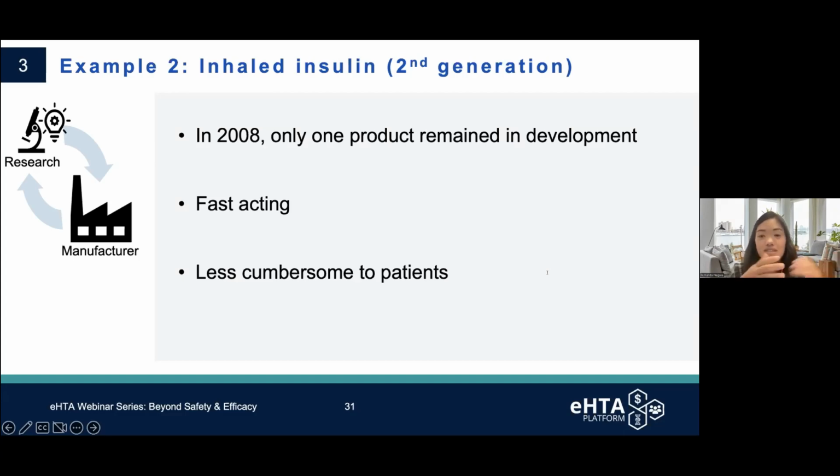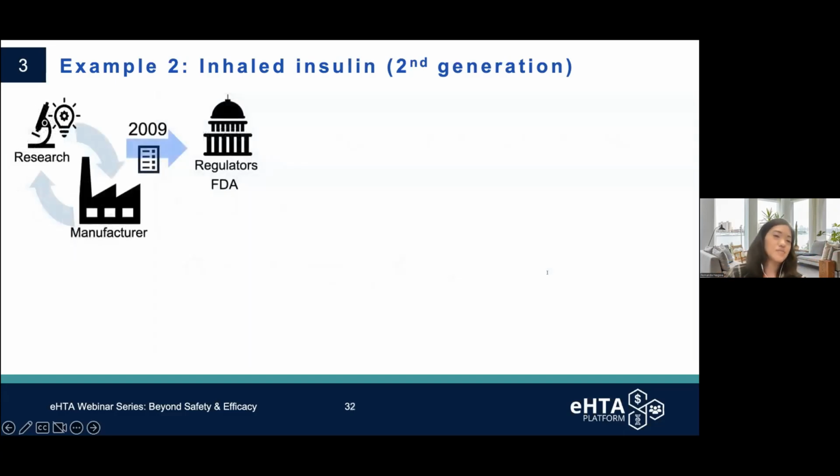But they promised that the product would be fast-acting and, compared to Exubera, less cumbersome to patients and would be a needle-free option. So after years of research, spending that much money, Mankind submitted their product, which is called Afrezza, for regulatory review in 2009 to the FDA.